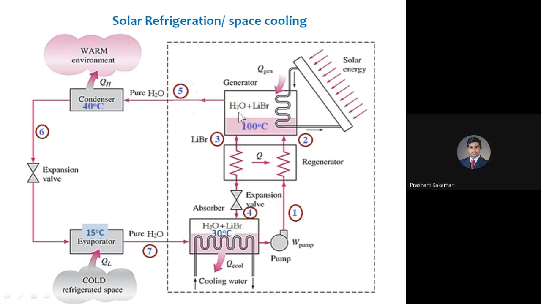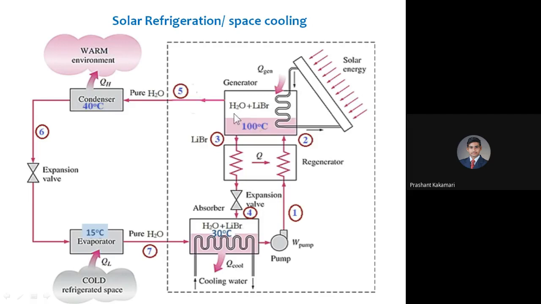The water vapors come out from the generator, and lithium bromide, which has a high evaporating temperature, stays in liquid state and is taken back through the regenerator or directly through an expansion valve. This liquid lithium bromide is collected back in the absorber heat exchanger. So this is about the absorber part.